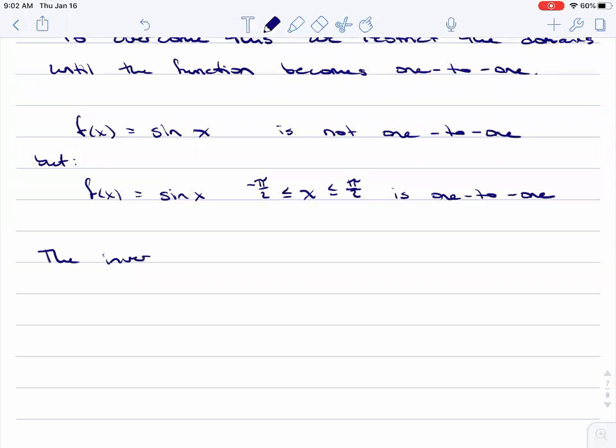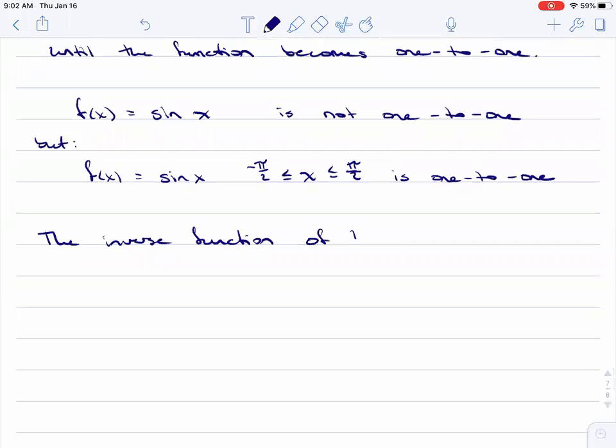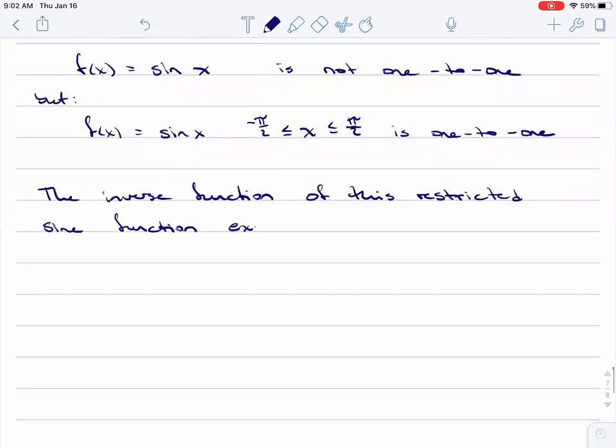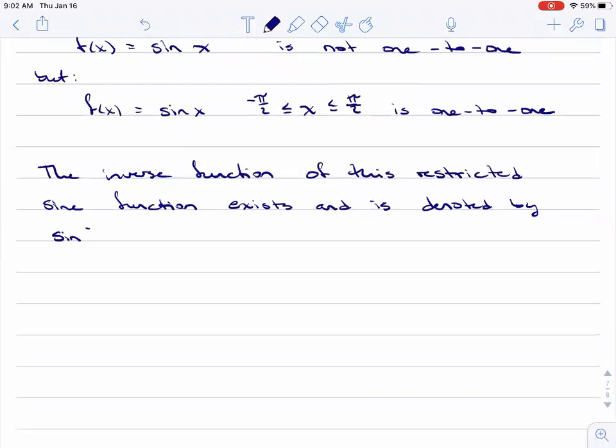The inverse function of this restricted sine function exists and is denoted by inverse sine, or arc sine.